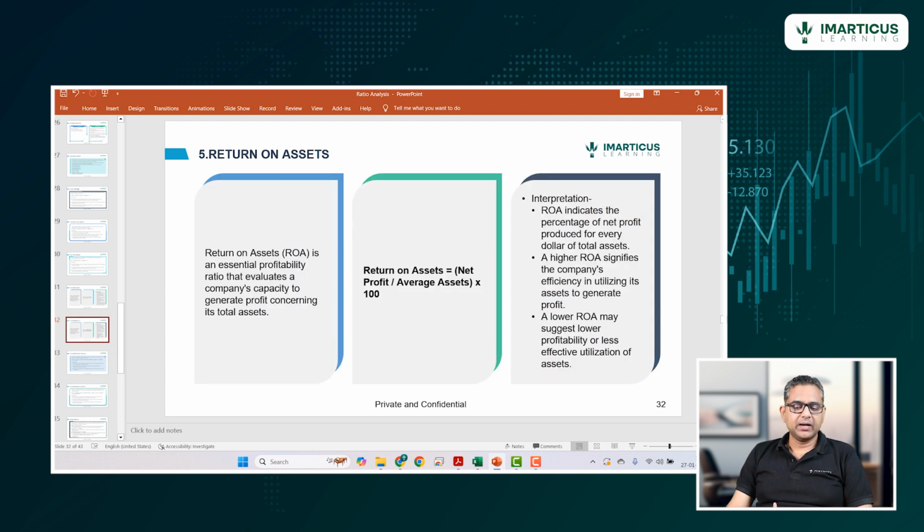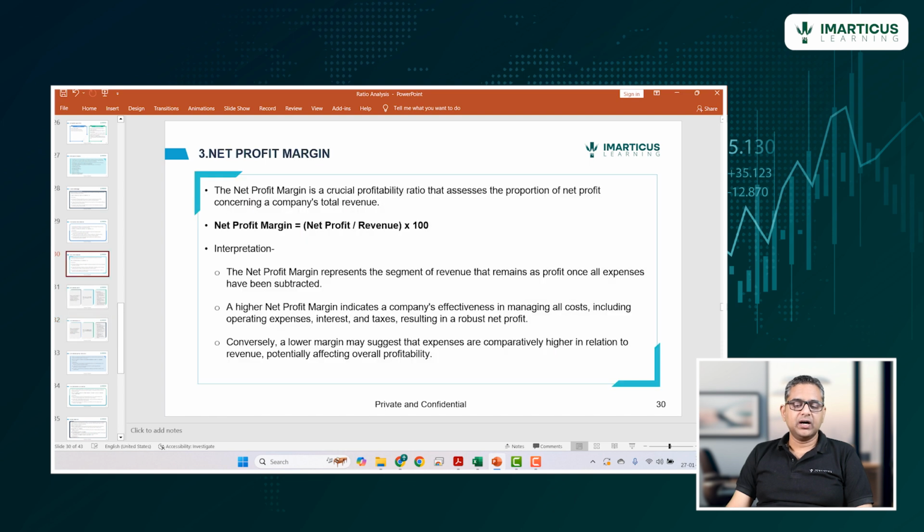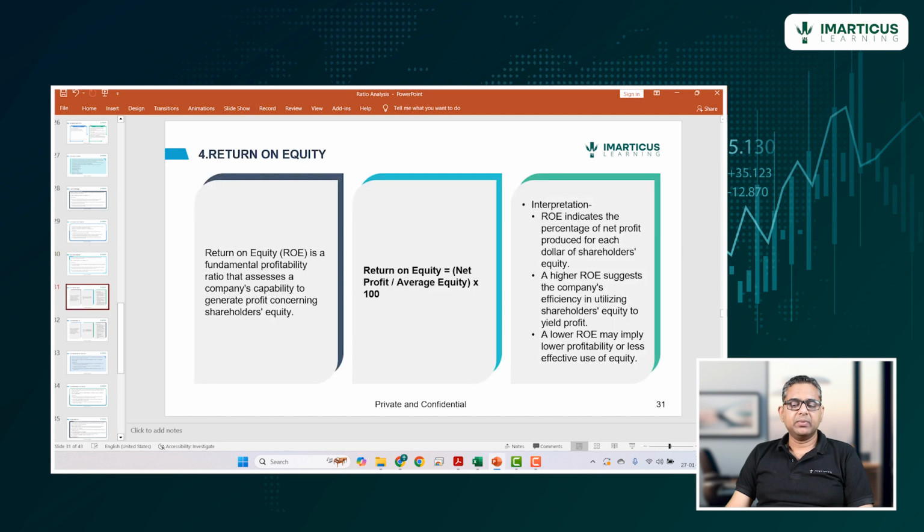So again, when we are comparing these values, we should do it for a particular industry, and within that particular industry, we can look at different companies.